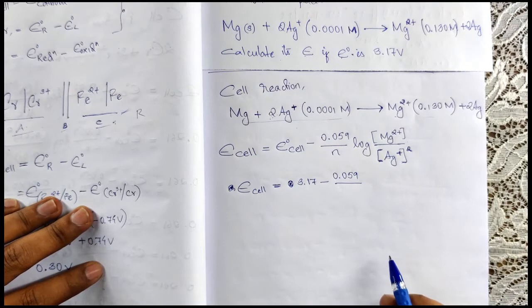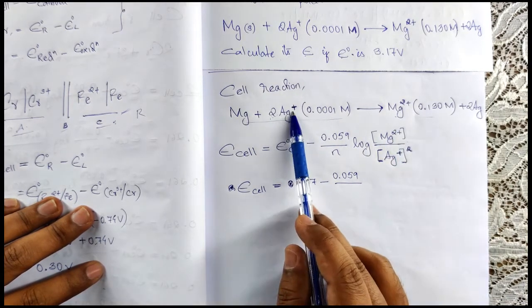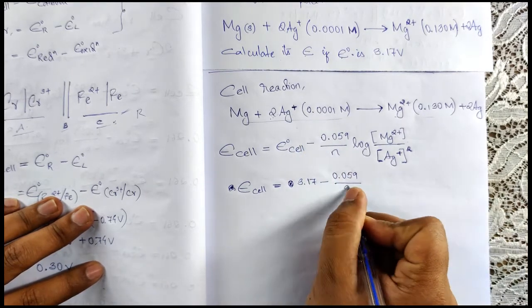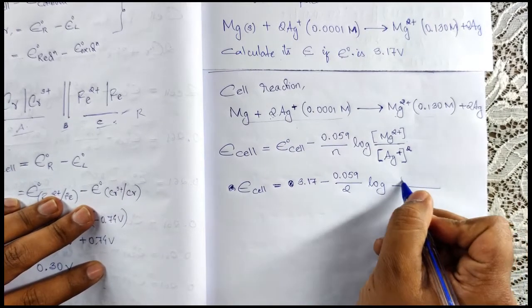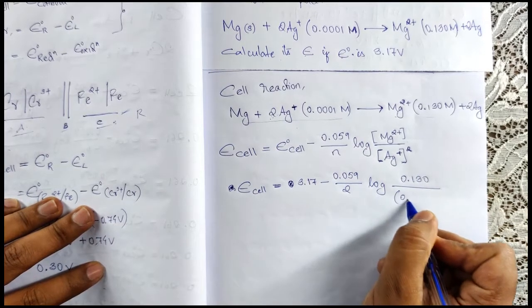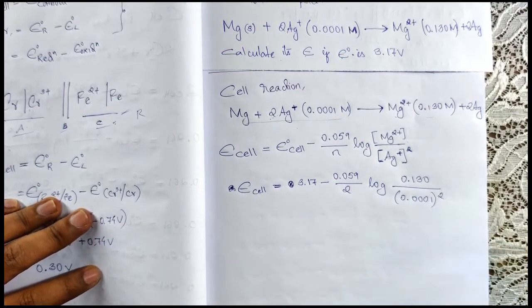So n out here is the electrons. Out here this is 2 plus, and since this one also will make it 2 plus, n will be 2. Log of Mg2 plus is 0.130 and out here is 0.0001 whole thing squared.